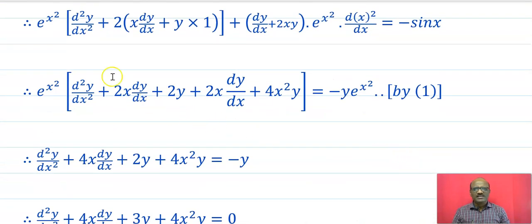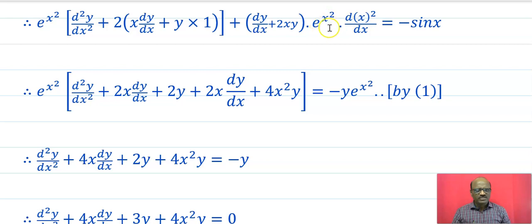Now see this again here, keep this term as it is, d2y by dx square. Now multiply this with 2, that is 2x into dy by dx, plus 2y. And now next, again we are taking e raised to x square common from this term. Then you will get, here is e raised to x square and the derivative of x square is 2x.